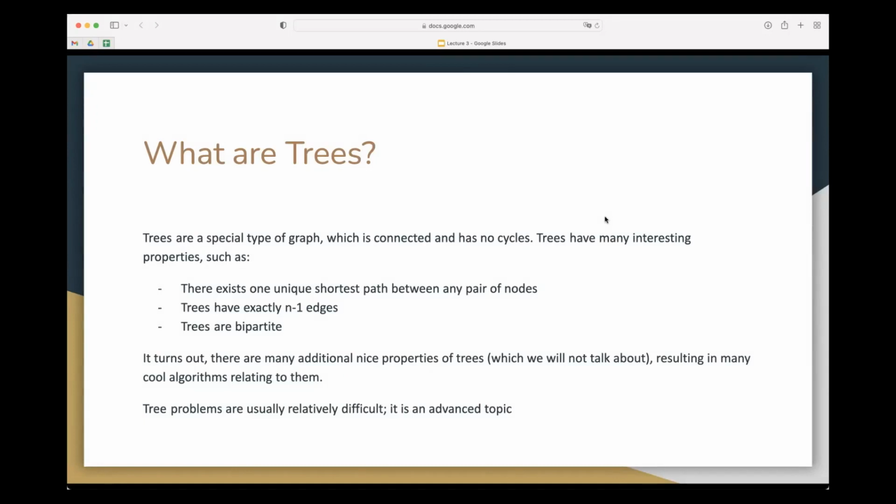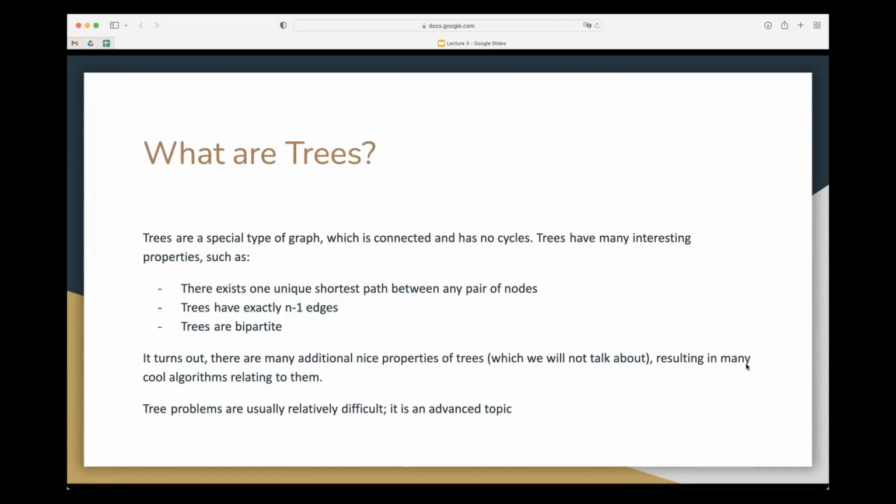So trees have many interesting basic properties. For example, the first property is there exists a unique shortest path between any pair of nodes. Also, they have exactly n minus one edges. And this is relatively easy to prove, because if you consider the number of connected components, every time you add an edge and don't form a cycle, you're decreasing the number of connected components by one.